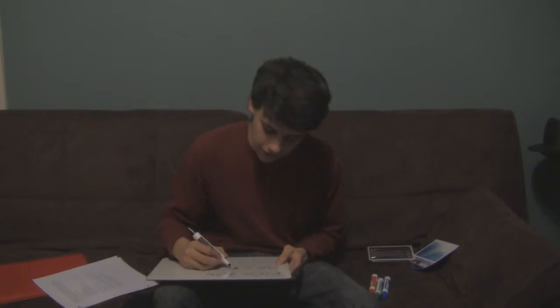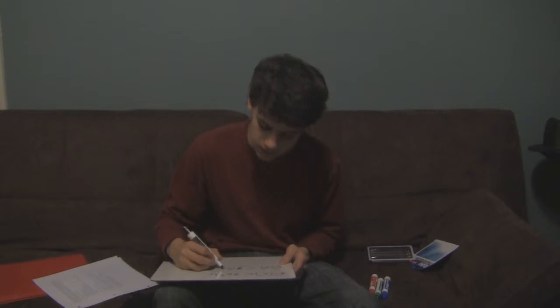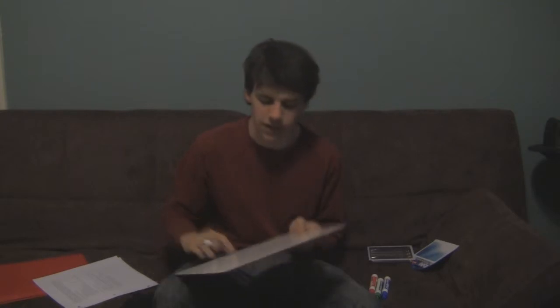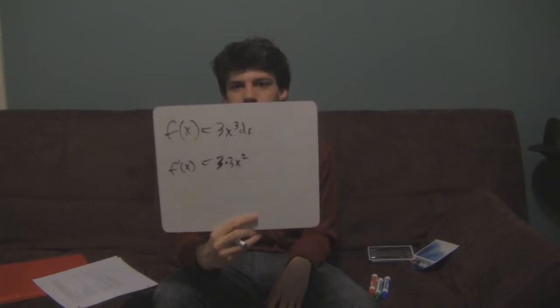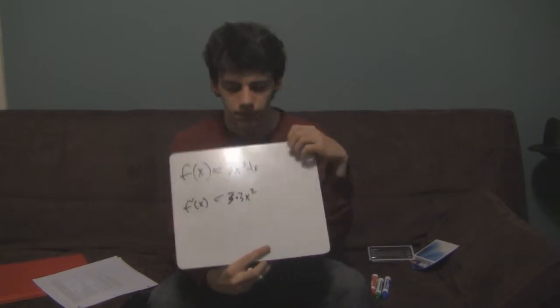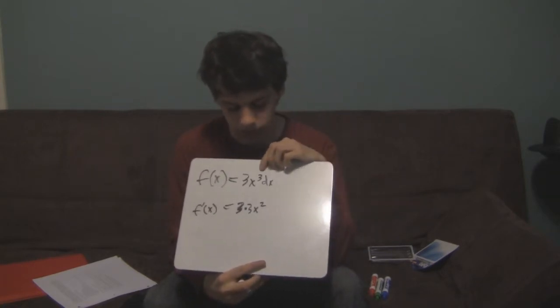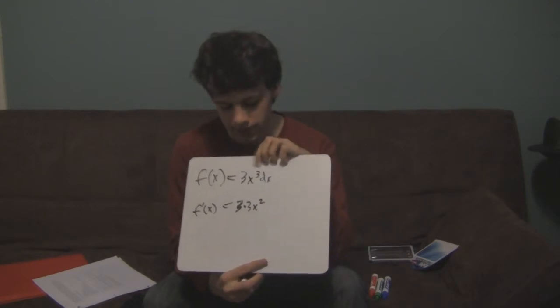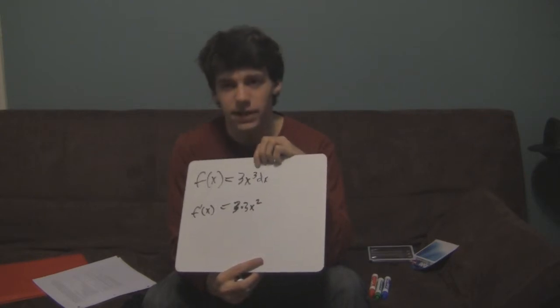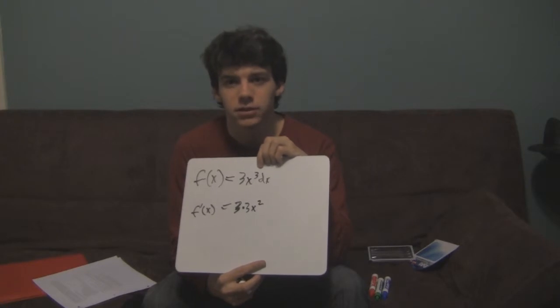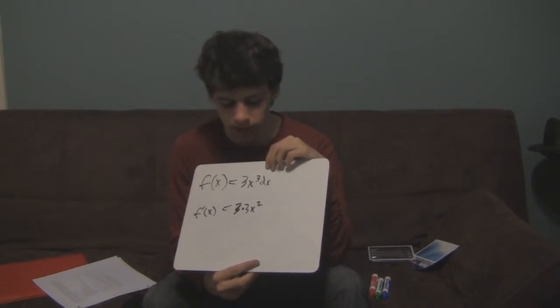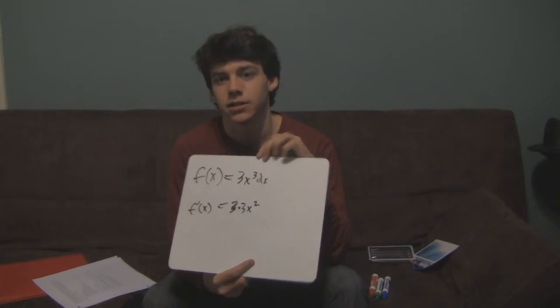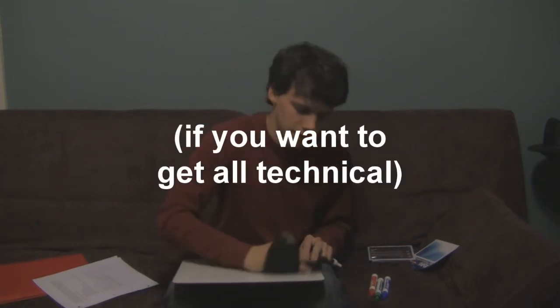So that would give you 3 times 3x squared, okay? See how that works? Because you just take your exponent, which is 3, down in front, and then minus 1 from the exponent. Which gives you 3 times 3 times x squared, or just 9x squared, pretty much. So, there's your basic power rule.